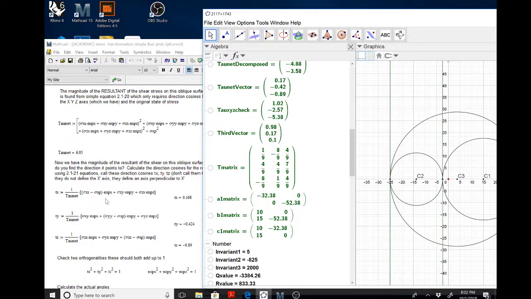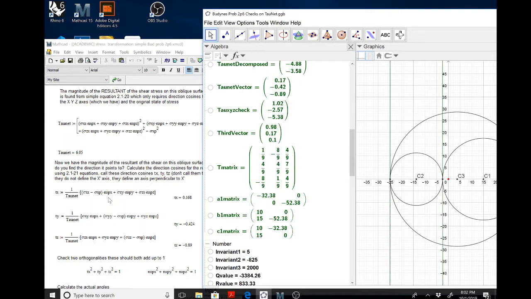There's a nice handy dandy equation here, which only uses the tau net and the sigma x prime. So it doesn't need the full transformation matrix. It doesn't need the full stress matrix. It's super sweet.